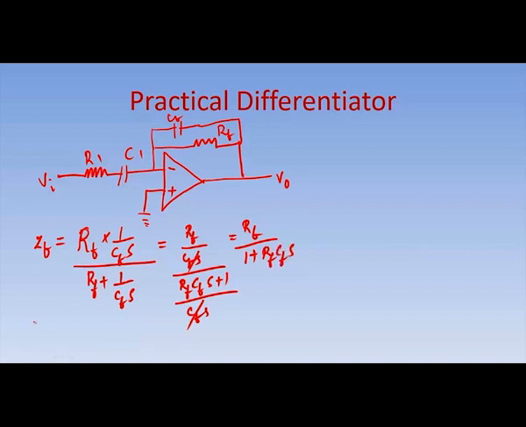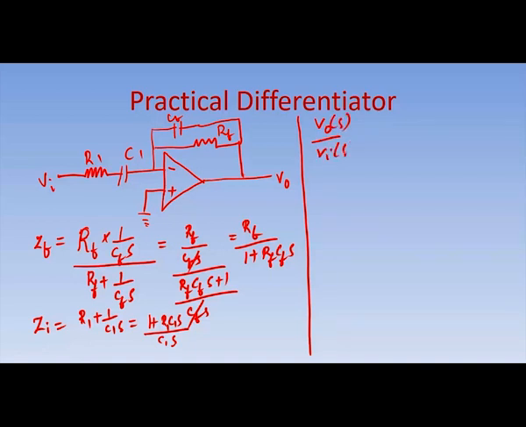So, this is ZF, and Zi is the series combination of R1 and C1. So, it is R1 plus 1 by C1S, which is simplified as 1 plus R1 C1S by C1S. If you calculate the gain, it is V0 of S by Vi of S, which is given as minus ZF by Zi. So, ZF is RF by 1 plus RF CFS, into Zi, which I am reversing.